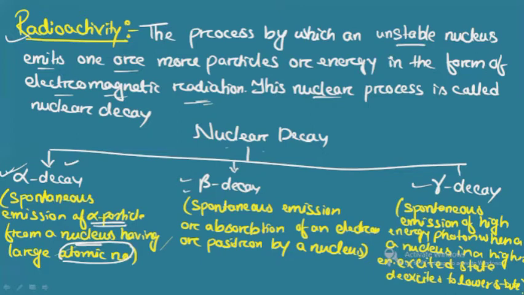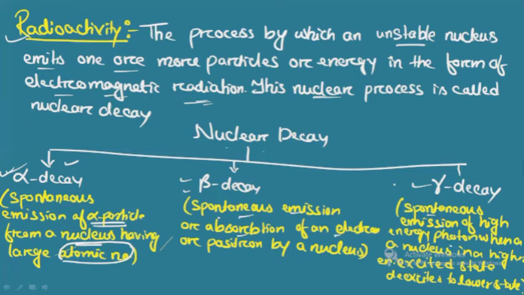Next is beta decay. In beta decay, what happens? Spontaneous emission or absorption of an electron or positron takes place by a nucleus. All right. And in gamma decay, what happens? In gamma decay, spontaneous emission of high energy photons takes place.